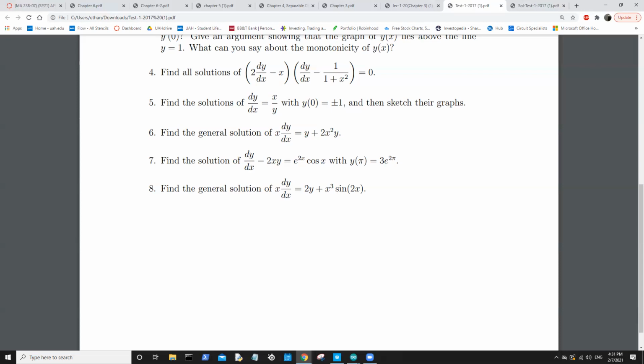Absolute value x times e to the x squared times e to the c. We don't have to write it that way. We could redefine e to the c as just a new constant, c1 or anything. So we have absolute value y is equal to absolute value x e to the x squared times c1.